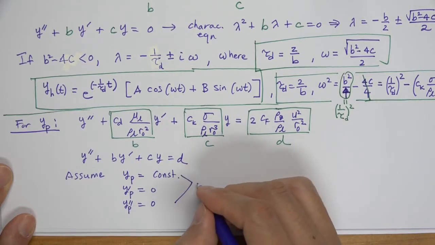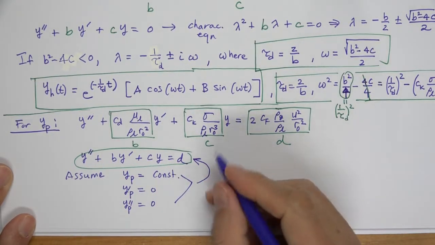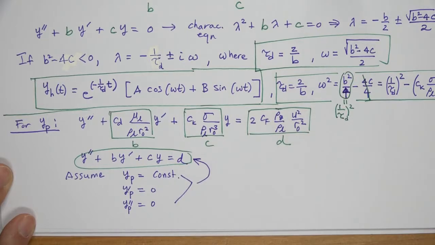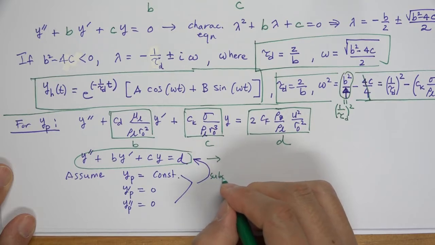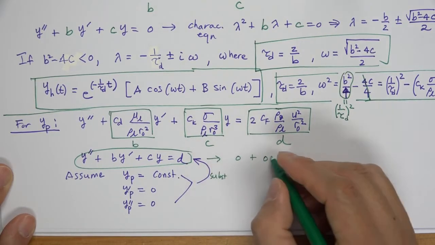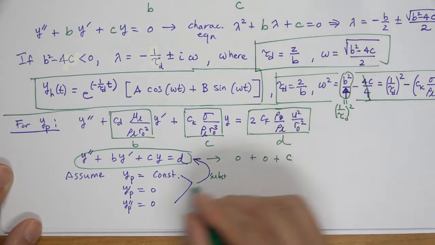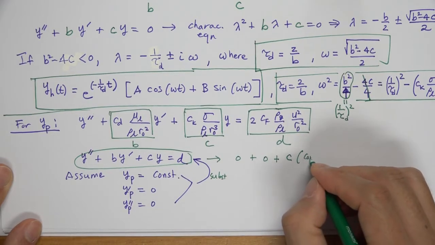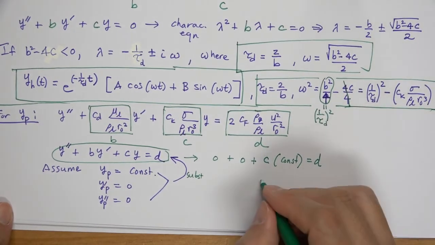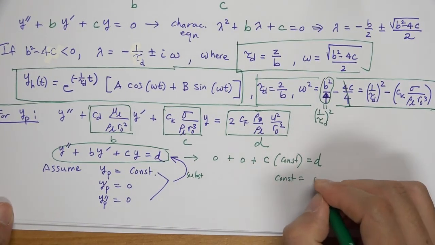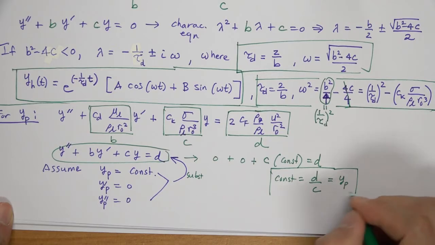Now if I substitute this back in here, then I'll get 0 plus 0 plus c times a certain constant will be d. So what is this constant? This constant is d over c. That is your particular solution.